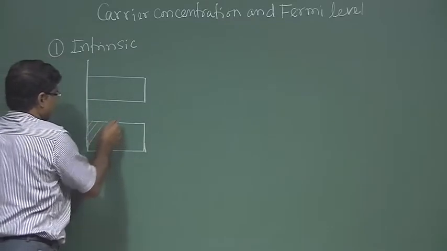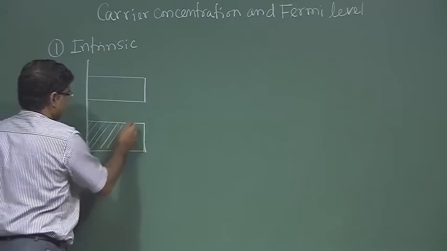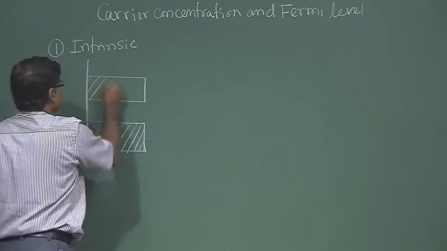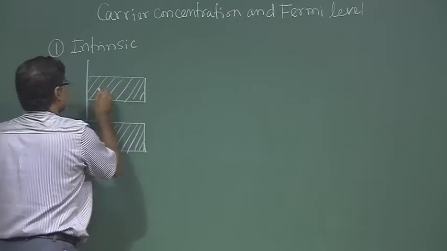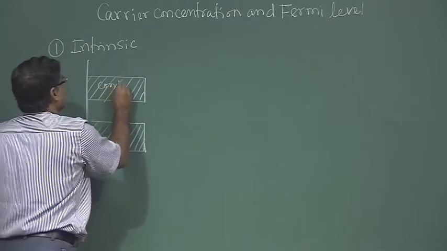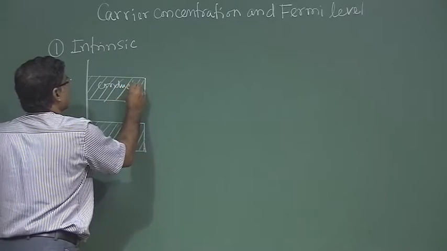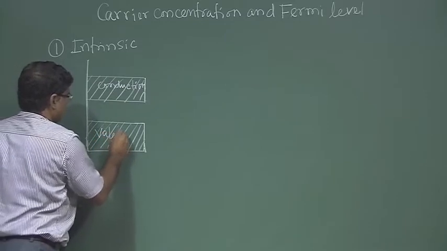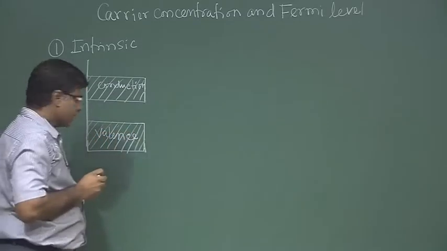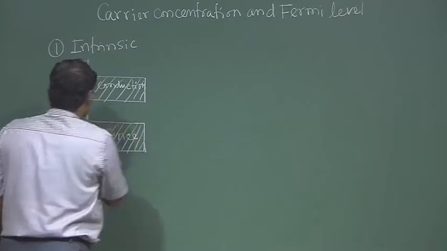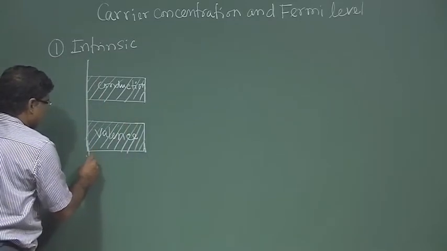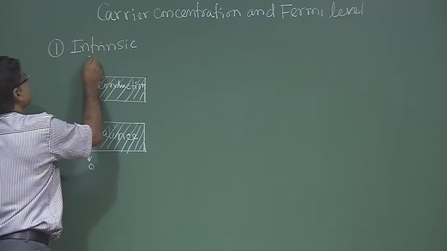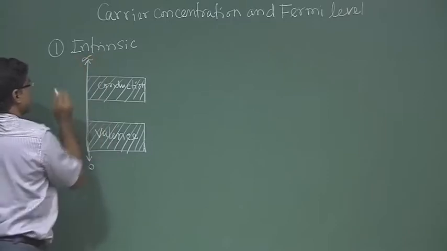So this is the valence band and this is the conduction band. On this energy scale, this side it is 0 and this side goes to infinity, right.